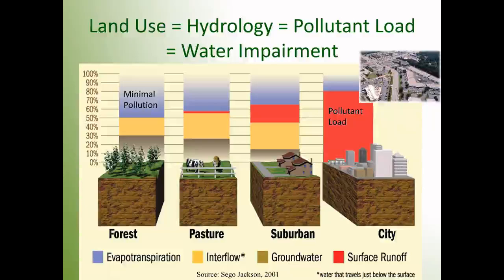What happens is we have a much higher incidence of stormwater or surface runoff. And we know there's tons of research that shows this now, that the more surface runoff we have, the more associated pollutants or pollutant load within that runoff. And every bit of all of that is getting into our receiving surface water bodies, leading to greater water quality impairment.